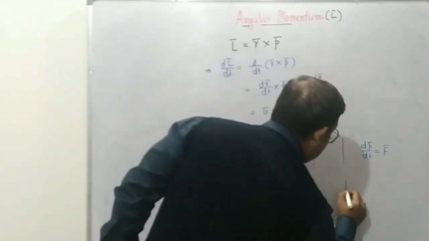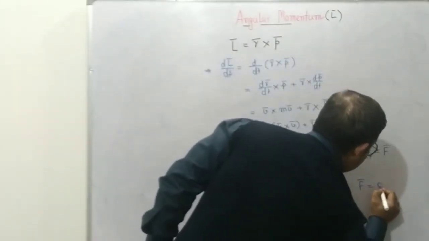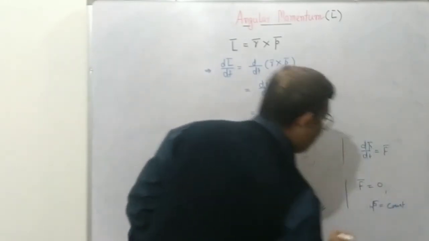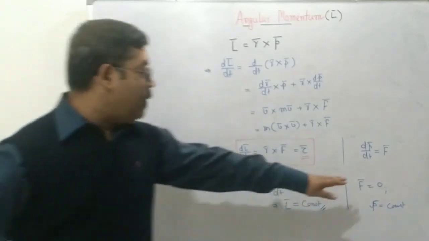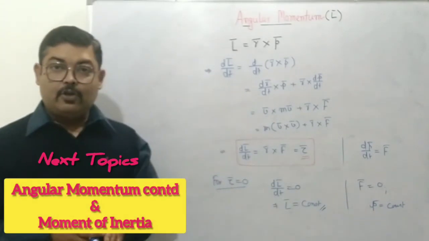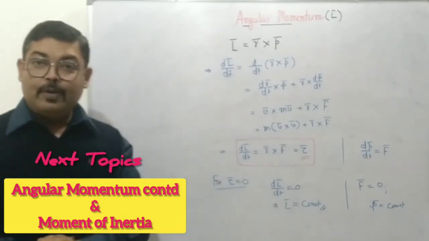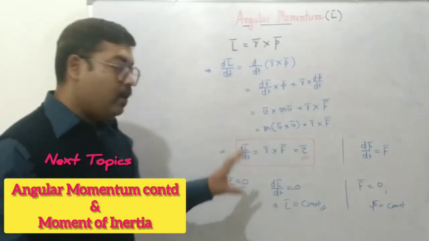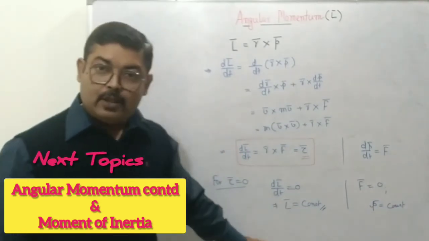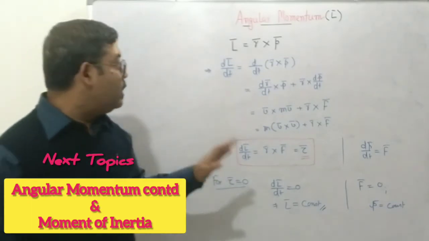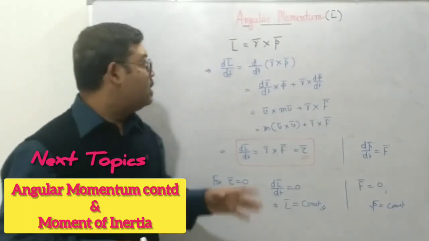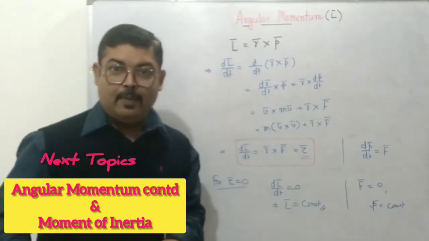Just as was the case when for F equal to 0, p is equal to constant. Linear momentum was conserved if there was no external force. Similarly, for rotational motion, if there is no external torque, then the angular momentum must remain conserved. The total angular momentum of an isolated system is not going to change. This is the principle of conservation of angular momentum, which is going to be applied in many fields in physics in the coming chapters. Okay.